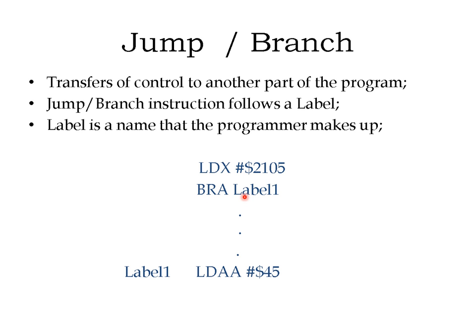So let's say you have a bunch of lines, and you just write BRA label 1. Any name is possible, as long as it is less than 8 characters. After this line, the next line to be executed will be the one with that label. So whatever you have in the middle, all those lines are skipped.